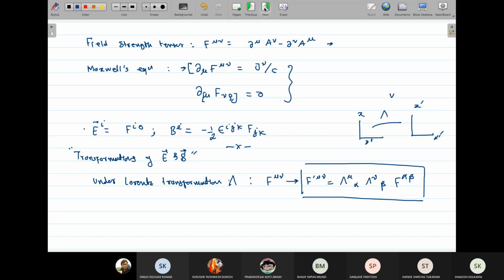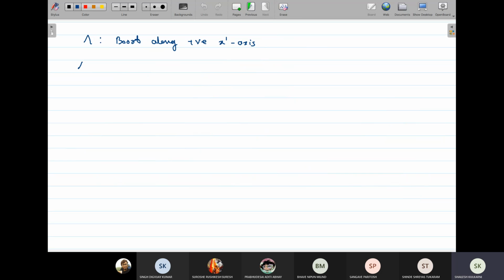Then in that case, we know what this lambda is. Remember, lambda is a matrix. So what is this lambda in that case? You tell me. What is the Lorentz transformation written in matrix form when it represents a boost along the x-axis? So first will be gamma, then minus gamma beta, minus gamma beta, and gamma. And the rest will be 0, 0, 0, 0, 0, 0. Then this will be 1 because y goes to y.